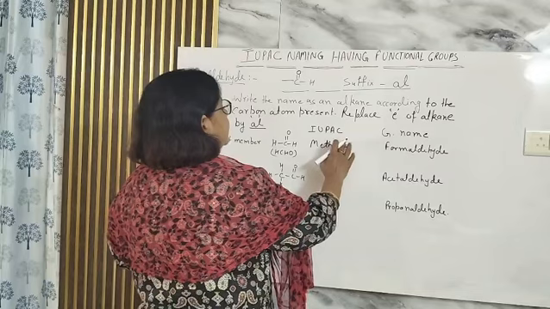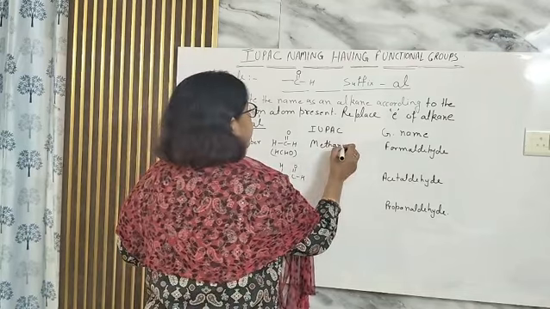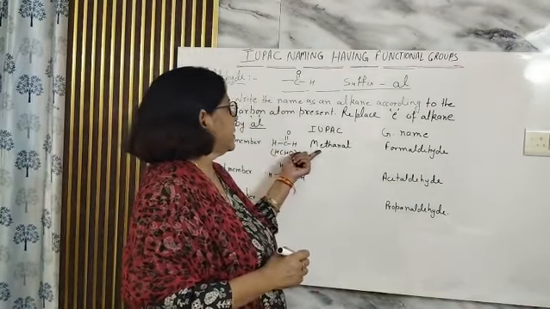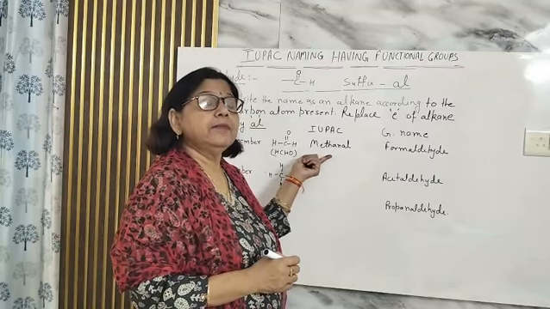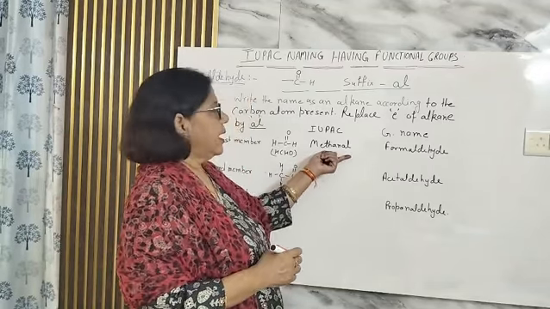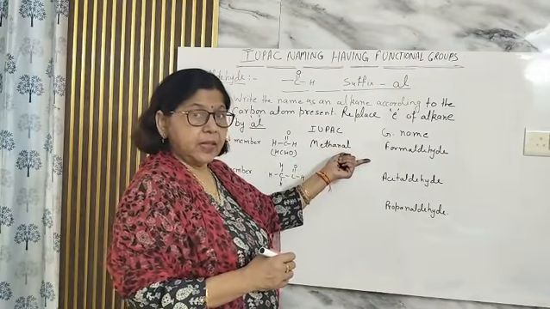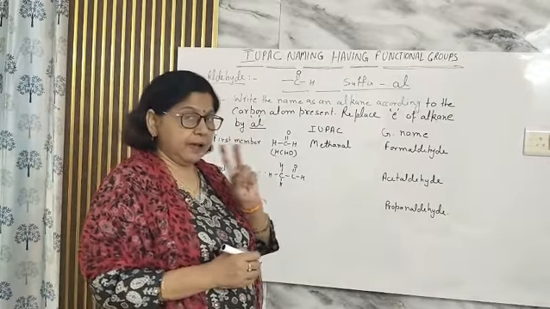What do I do? I replace E of methane by AL. Right? So what is the IUPAC name of this? Methanal. The IUPAC name will be methanal. And the general name will be formaldehyde.